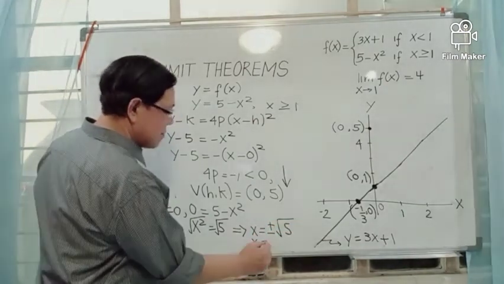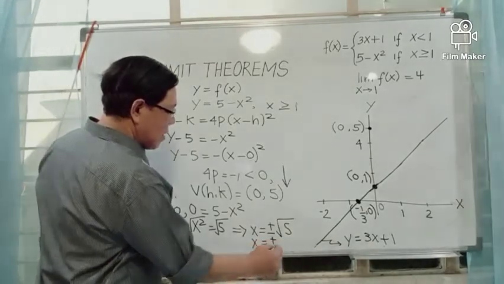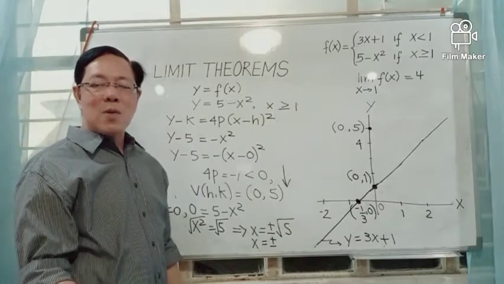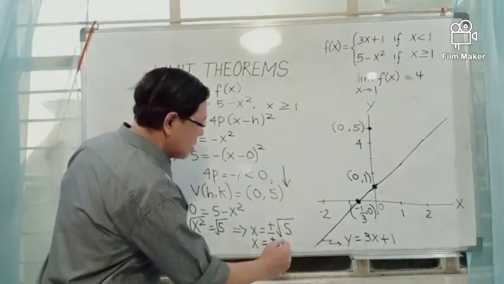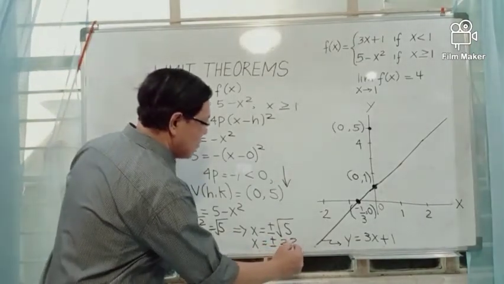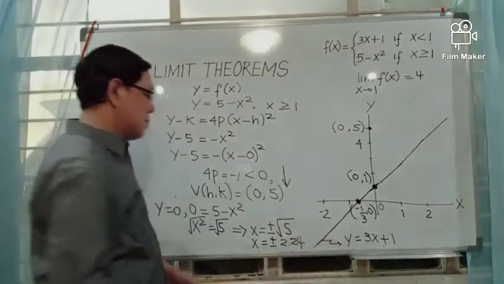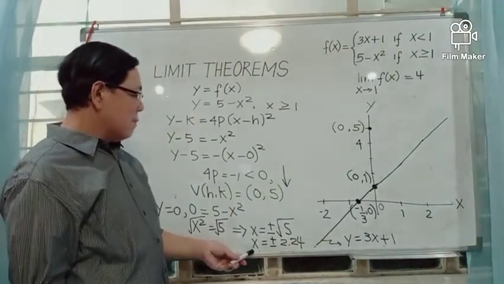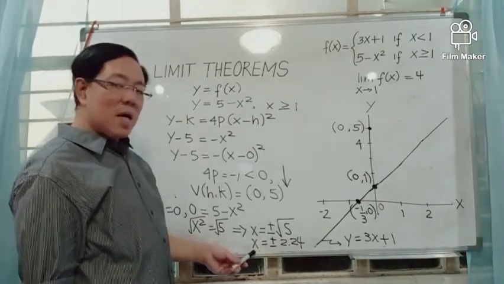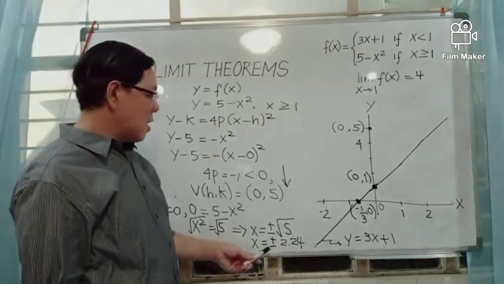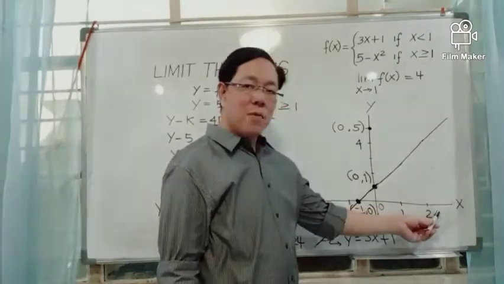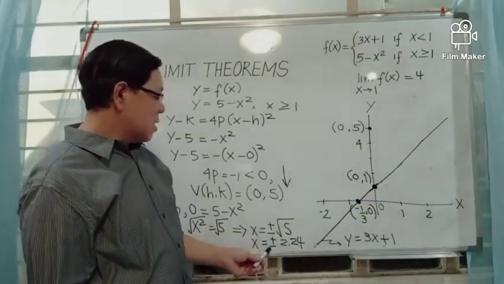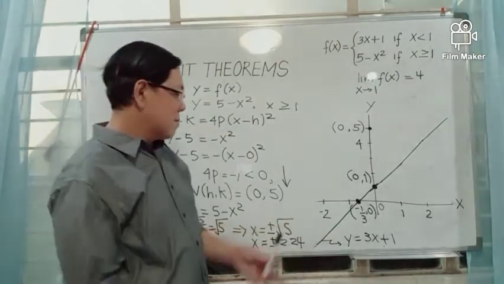And the root of 5 to 2 decimal places is approximately equal to 2.24. So the parabola will pass through the x-axis at 2.24 and at negative 2.24.